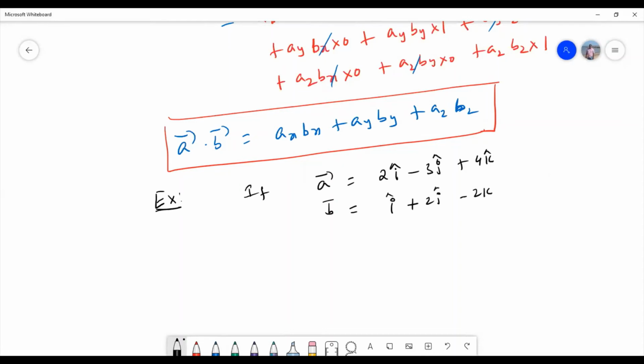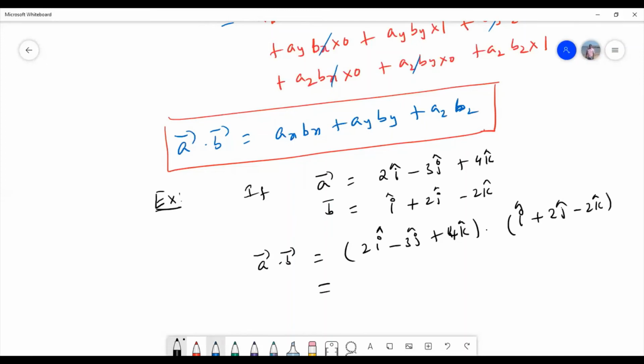I just want to find out what is A bar dot B bar. So first you write down 2i cap minus 3j cap plus 4k cap dot i cap plus 2j cap minus 2k cap.